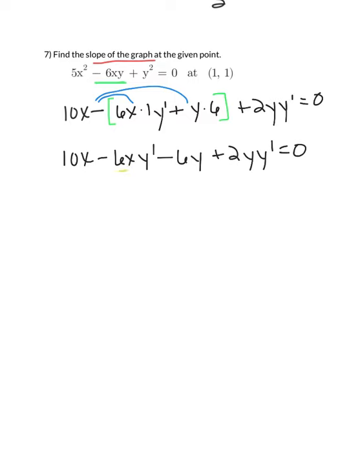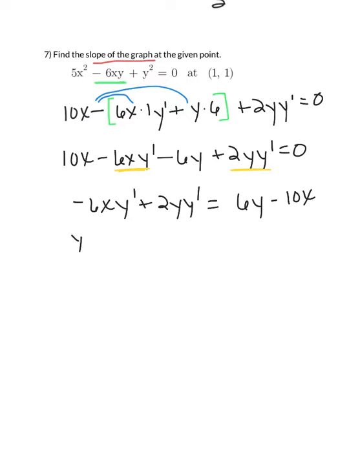We need to keep the y prime terms on one side and move the other terms to the other side. So we're going to have negative 6x y prime plus 2y prime equals 6y minus 10x.